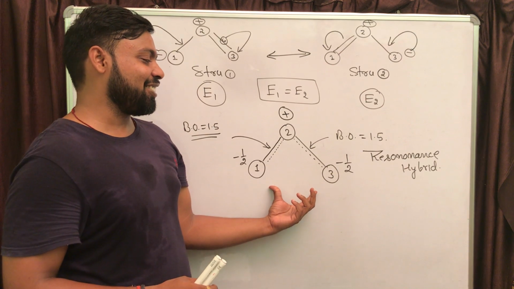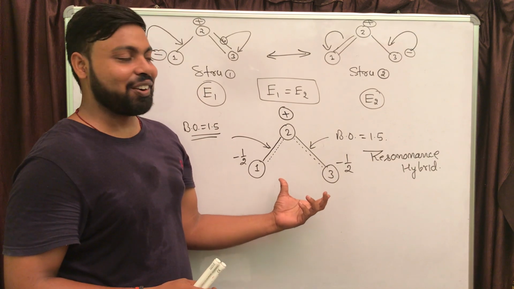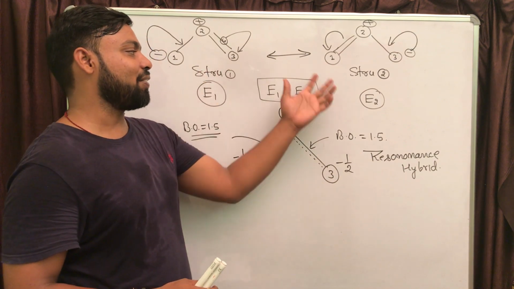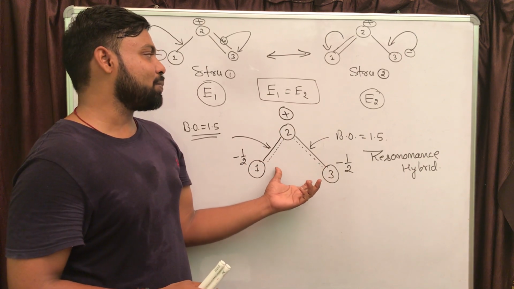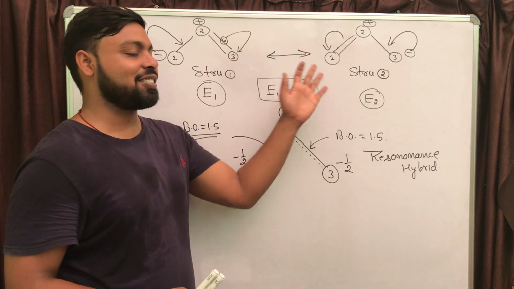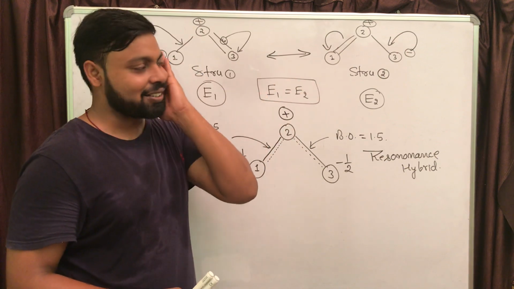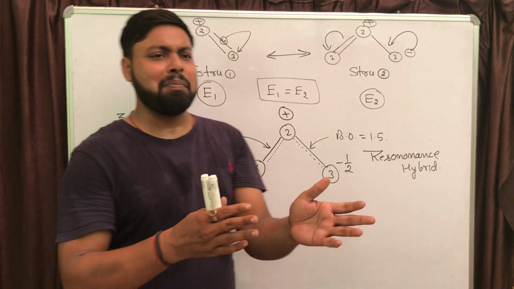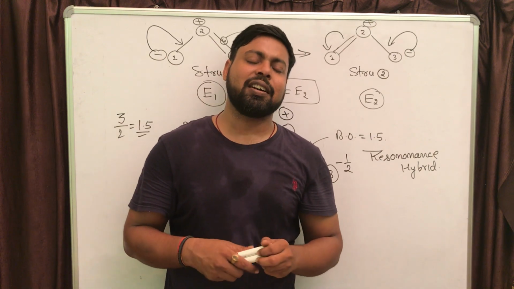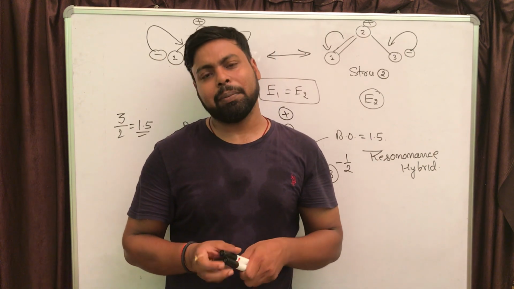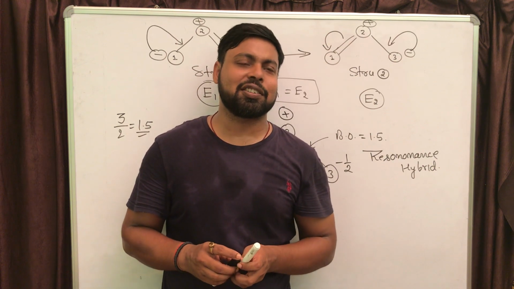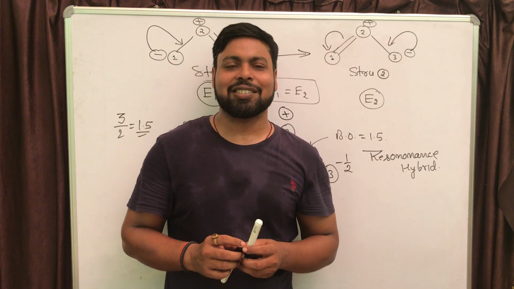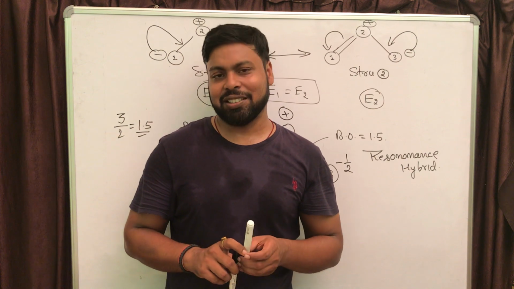The existing structure is the hybrid, and how can we draw the hybrid? Just draw the average. Here we are taking exactly the average value just because the two resonating structures have equal energies. In many cases, as we will discuss further, there may be a situation where you are drawing two or more resonating structures and they do not all have equal energies.